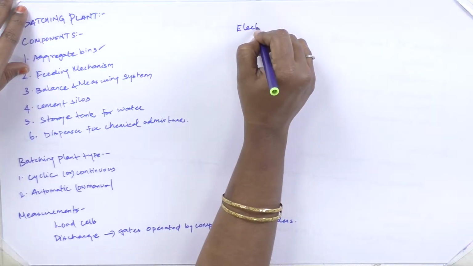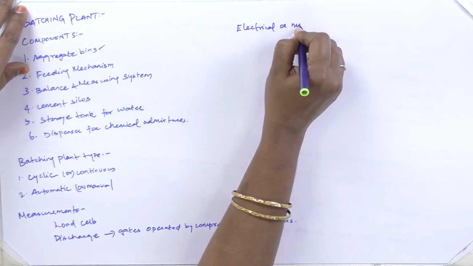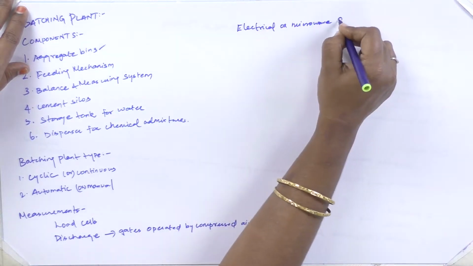Next, to measure the moisture content in the aggregates, we are using electrical or microwave gauges. So, the aggregate going into the concrete is either in SSD condition or it has a moisture condition. We can check so that the required corrections can be made.